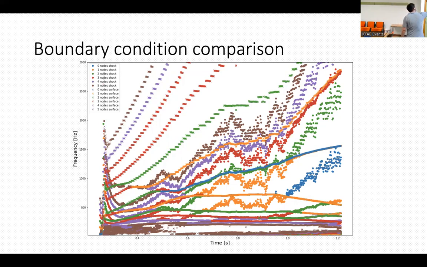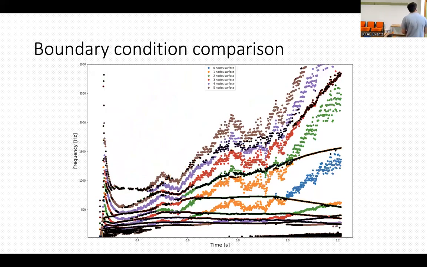I want to mention this one in yellow here, which is just crossing all the modes when you put the boundary condition at the shock. The explanation is that this is a P mode from the interior, which is coupled with the P modes of the outside region of the proto-neutron star. So things mix in a nonlinear way, very complex. You have an interaction between them, but these modes are clearly well defined.